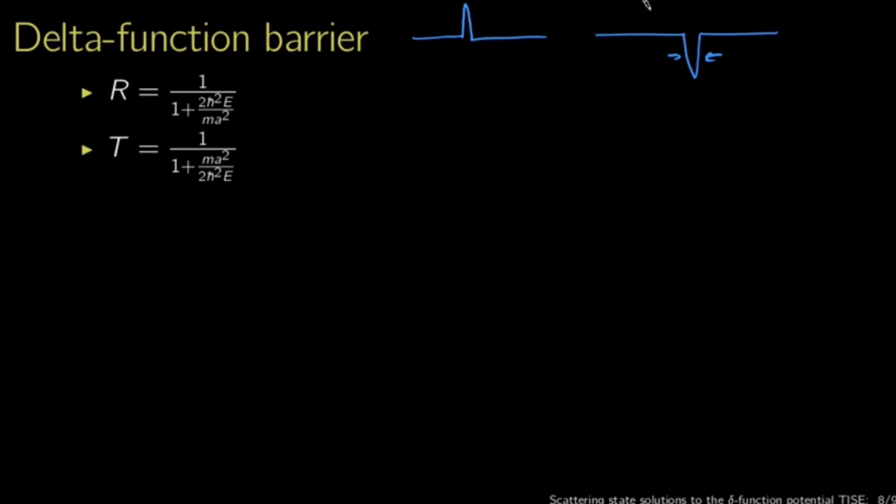How I defined things originally here was that V of x was equal to minus a times delta of x. So essentially, my barrier now is just a negative value of a. a is less than 0. And if I swap the sign, a squared doesn't change. So my reflection and transmission coefficients remain unchanged.